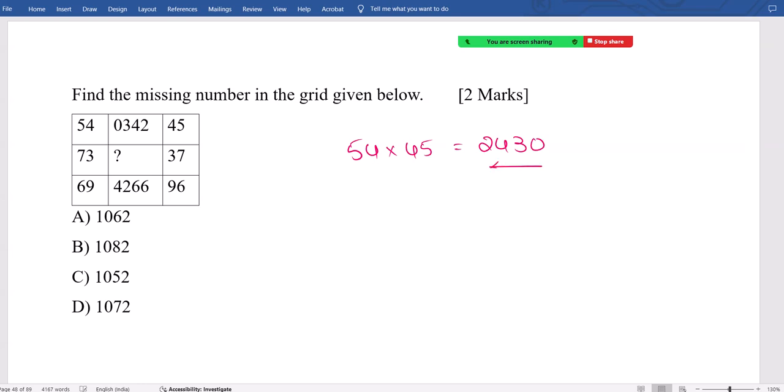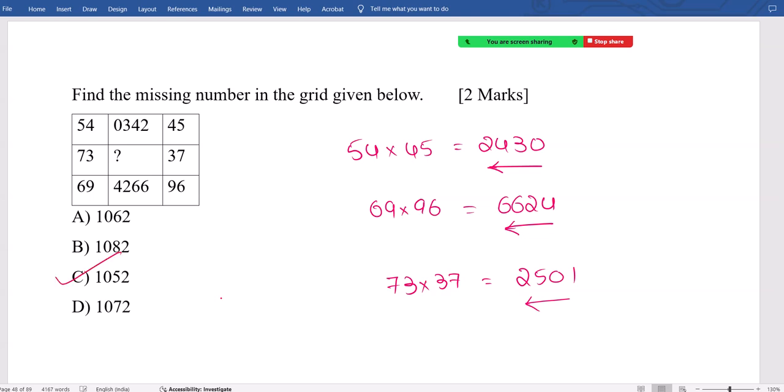They have written it in reverse order. 69 multiplied by 96 is 6624. They have written it in reverse order. 73 multiplied by 37, right? So 2501. To write in reverse order, we'll get option C.